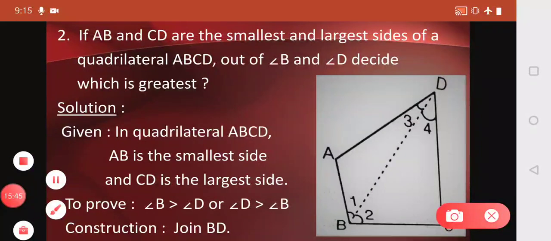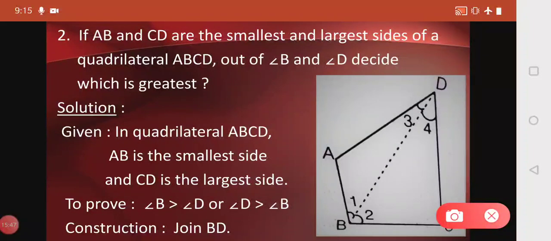Yes, so in triangle ABD, AD, this side, is greater than AB, because it is already given that AB is the smallest side of the quadrilateral. So naturally, the remaining three sides of the quadrilateral are greater than it. So we write AD greater than AB.